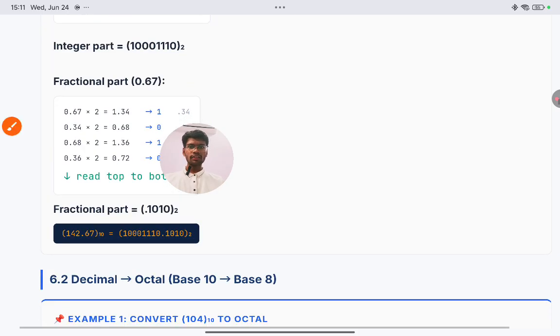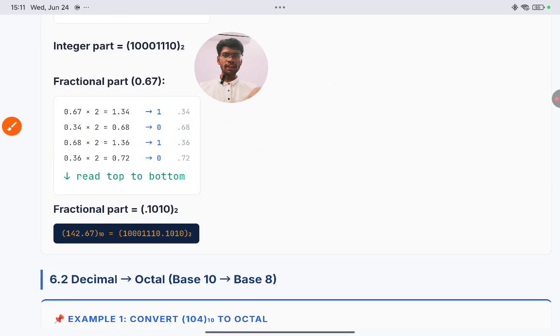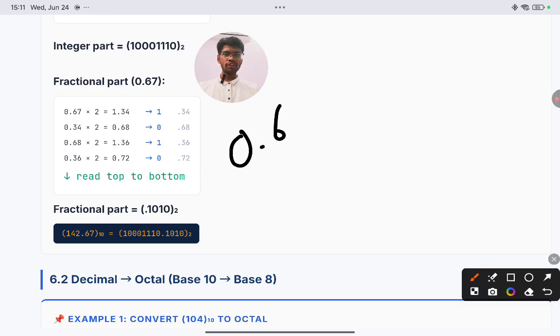Now for that we'll be moving here. 0.67, and we're converting into binary.